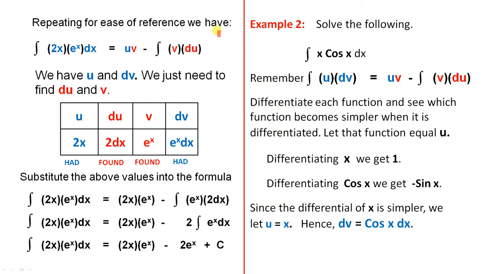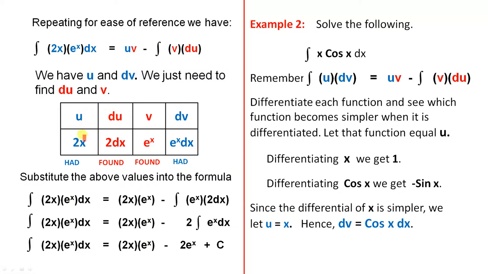So repeating for ease of reference, that's the formula we just wrote down. Now, I have coloured u and dv in blue because that's what we have. We just need to find du and v. We have to find du and we have to find v, and then we're almost finished. So here's a little table to make it simple.